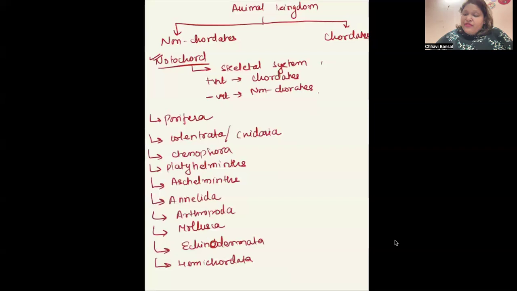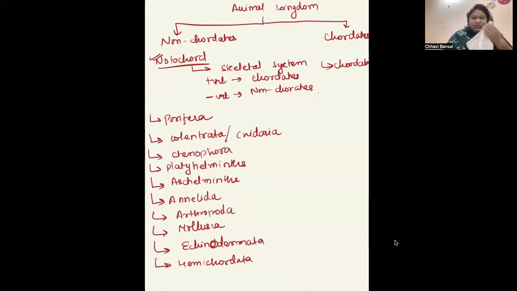And then 11th, and the final phylum that comes under chordates is Chordata. Okay, so these are the 11 phylums of animal kingdom, amongst which 10 are non-chordate and the one is chordate.